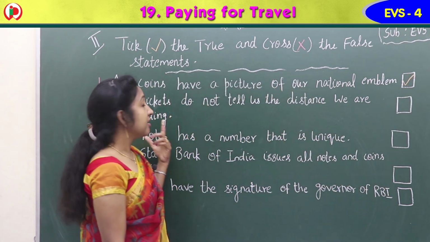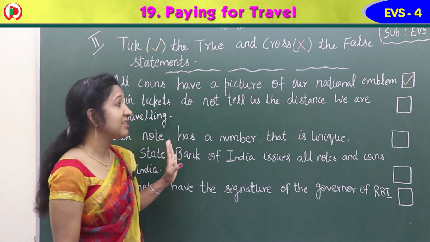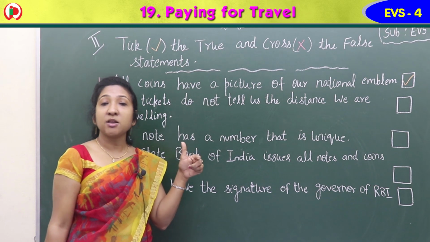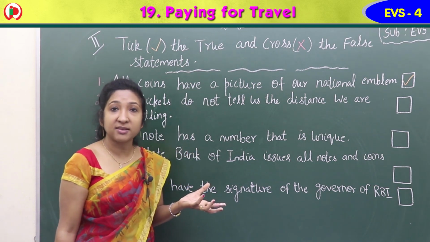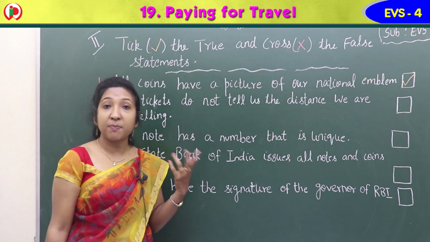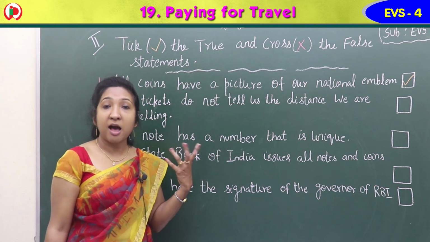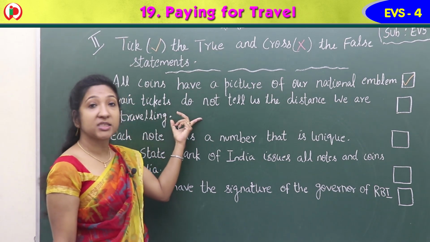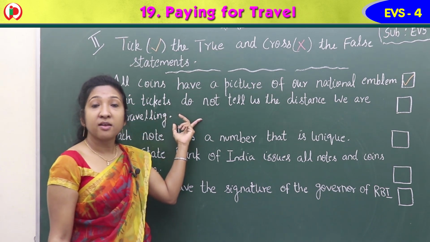Yes. Second, train tickets do not tell us the distance we are traveling. In a train ticket, many things are mentioned, isn't it? Train number, PNR number, time of departure, arriving, how long we travel, everything. So train tickets do not tell us the distance. Is it true?